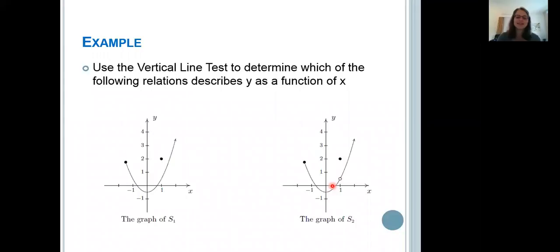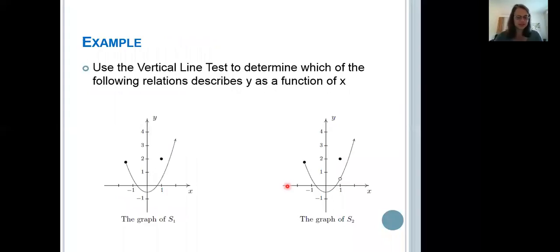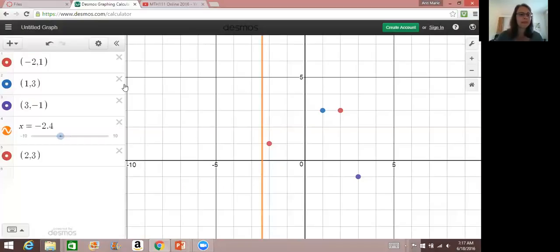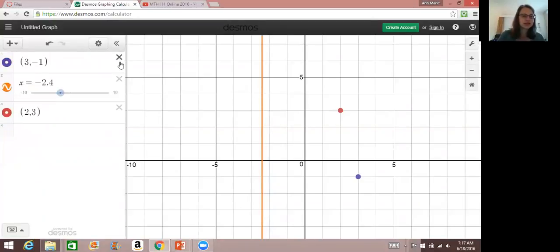Okay, let's play with these two. Let's see if I can get S1 graphed in Desmos. I haven't actually figured out its equation before, so let's see if I can do this. We'll keep my vertical line.